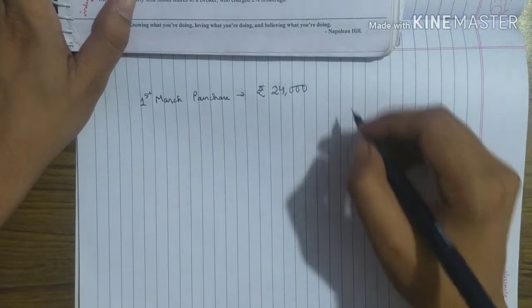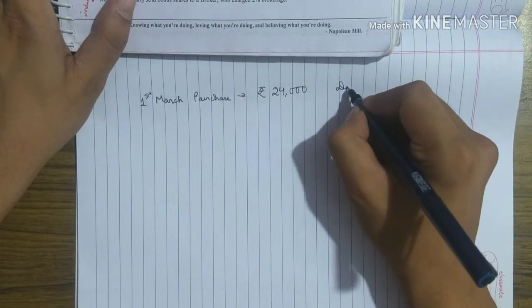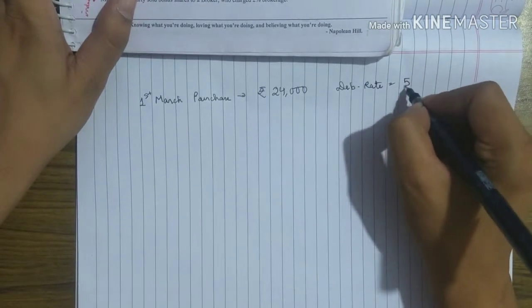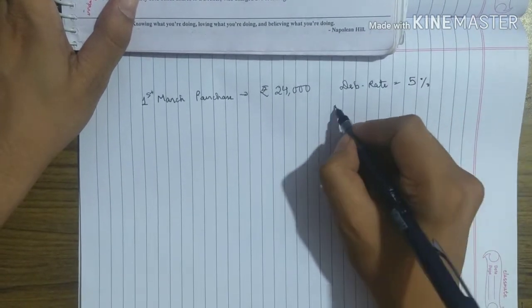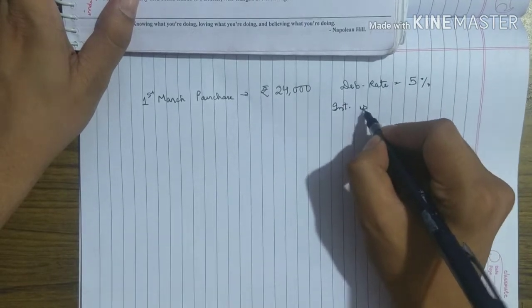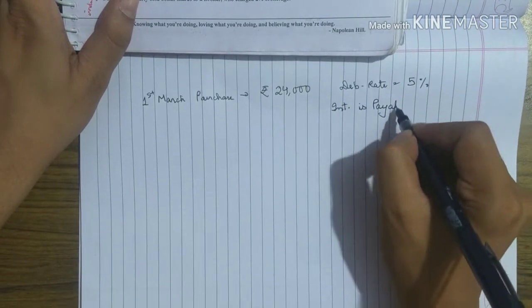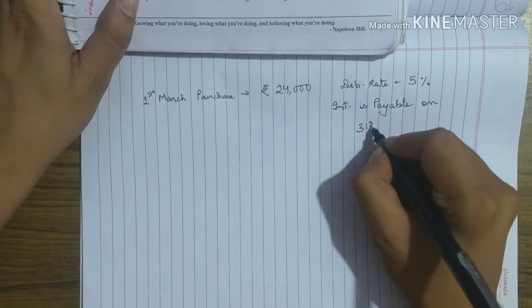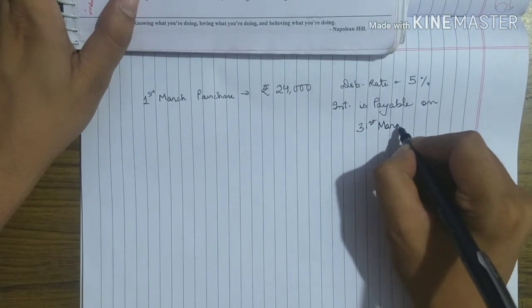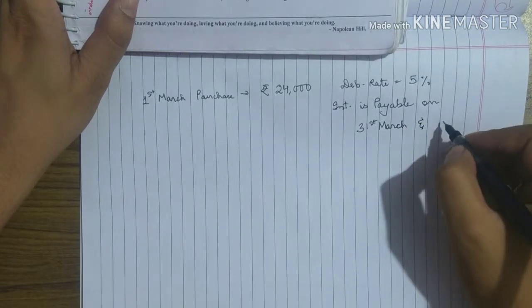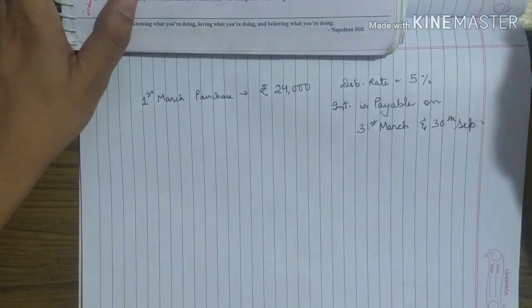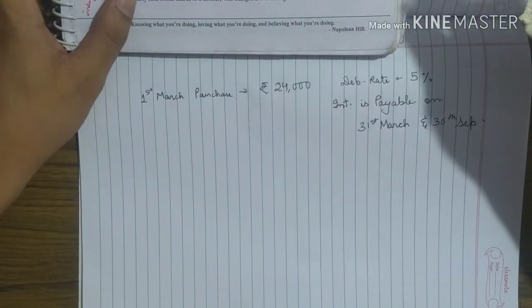The debenture rate is 5% and interest is payable on 31st March and 30th September. Okay, so now let's go ahead.